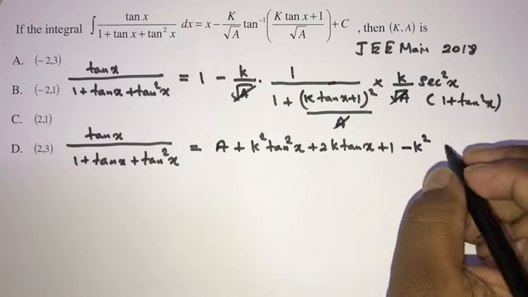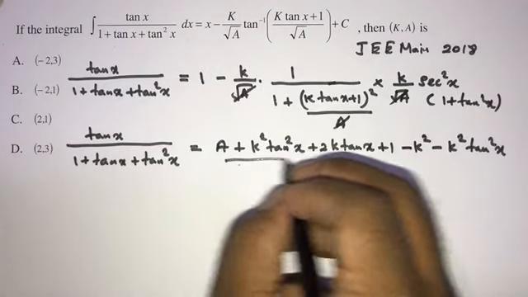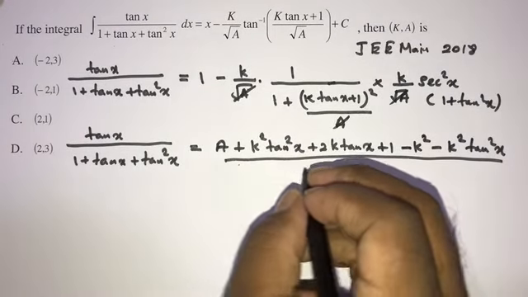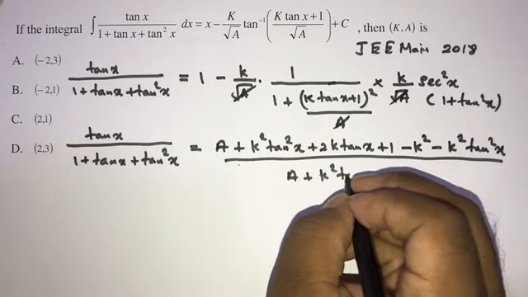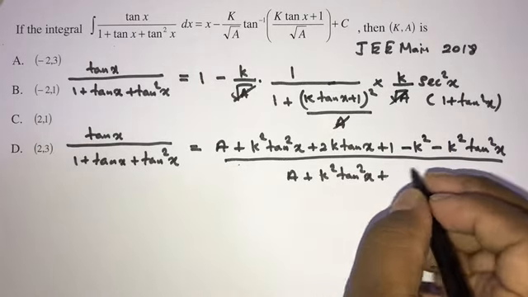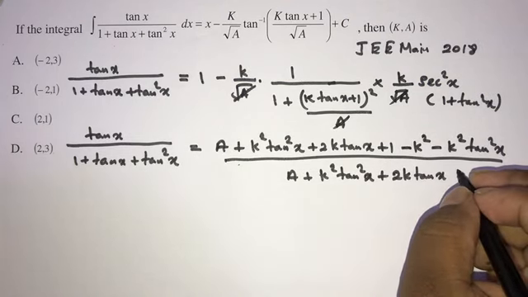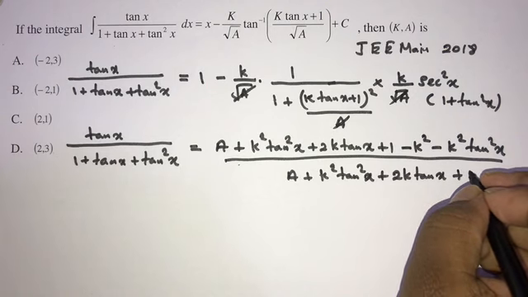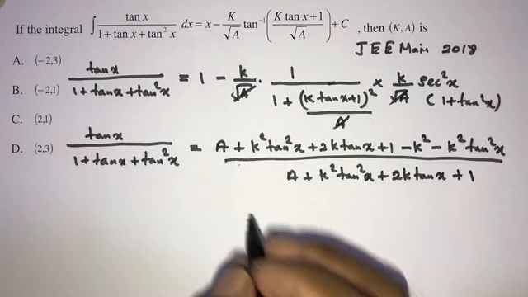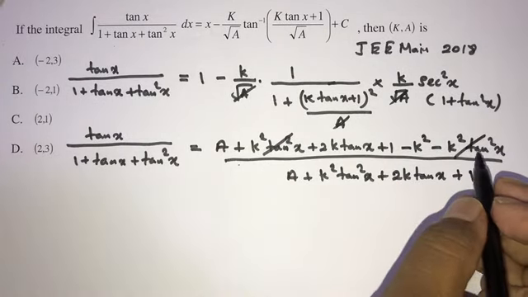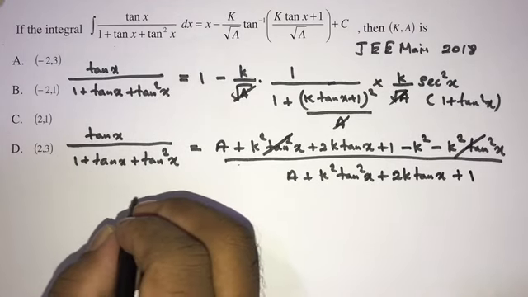So minus k square minus k square tan square of x, and over here we have a plus k square tan square of x plus 2 times k tan of x plus 1. Okay, now this term gets cancelled.